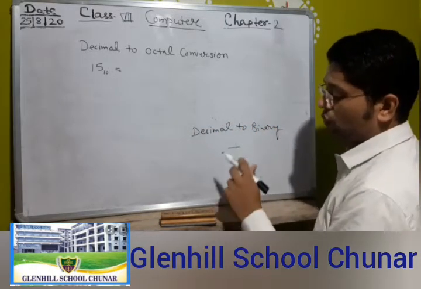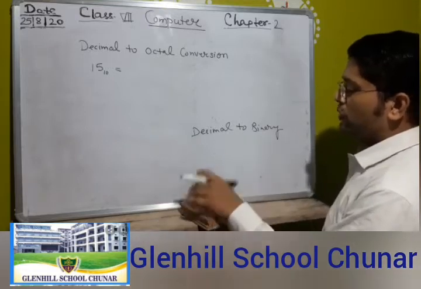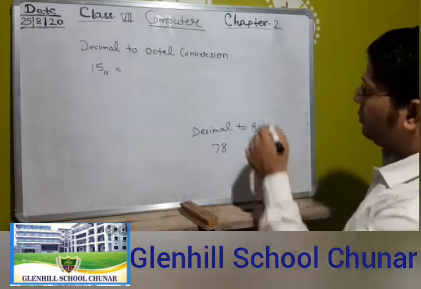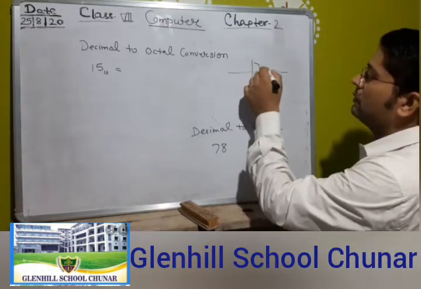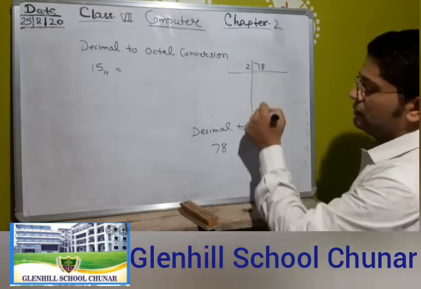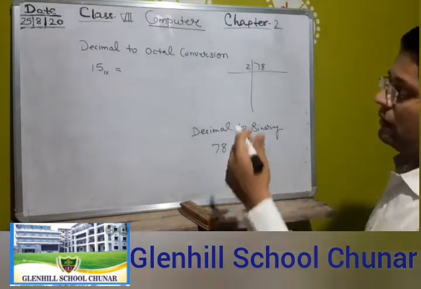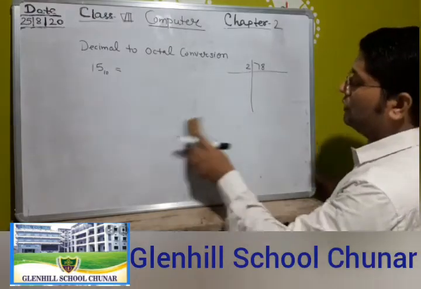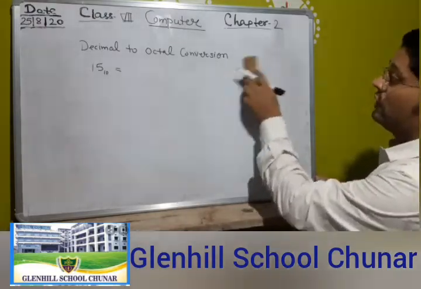In decimal to binary we divide by 2, for example a number like 72. But here we change to an octal number. So what is the base of octal? 8.